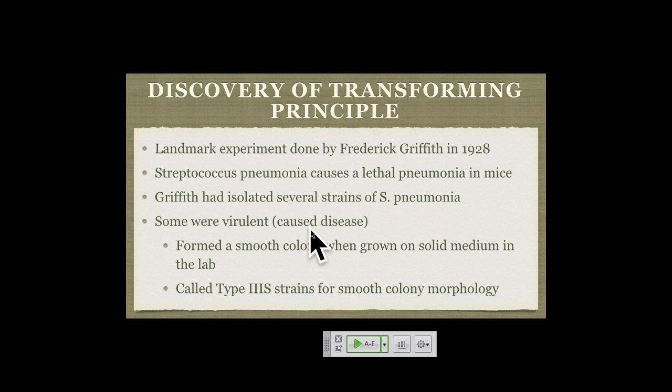Also, when you grow them on a petri plate, on agar medium, they give you a nice smooth colony morphology. They do that because they have a polysaccharide surrounding them that helps protect that bacterium from being detected by the immune cells. So these were called S strains. Type 3 was just the immunological strain of it. So we have type 3S is virulent.